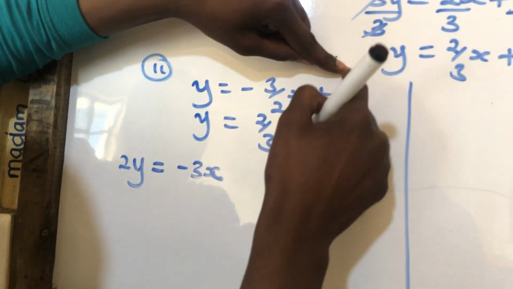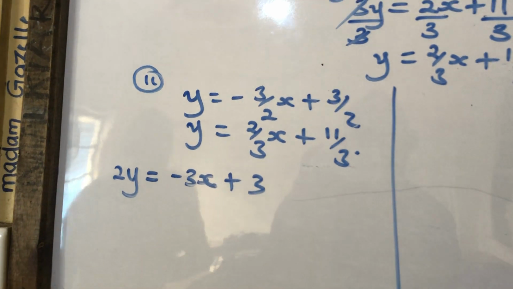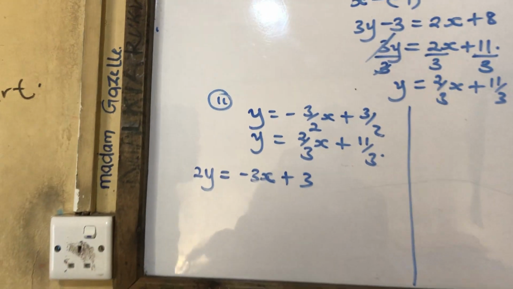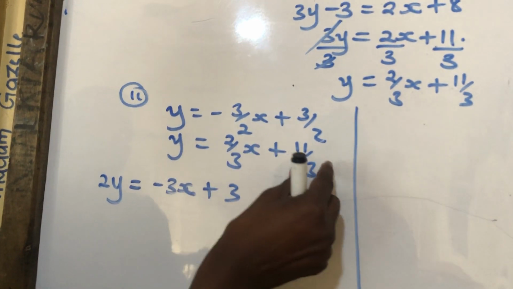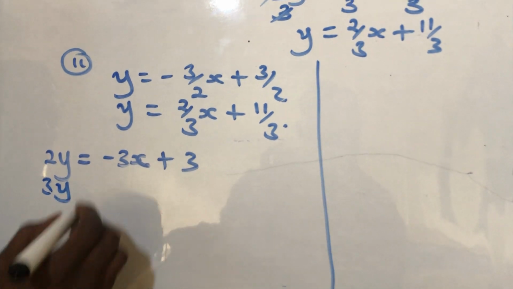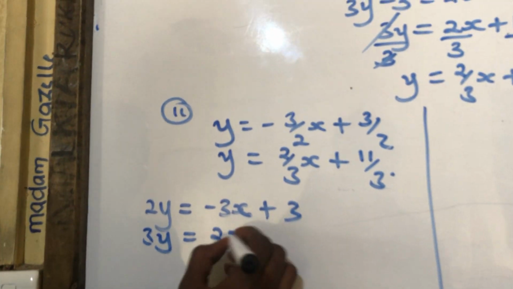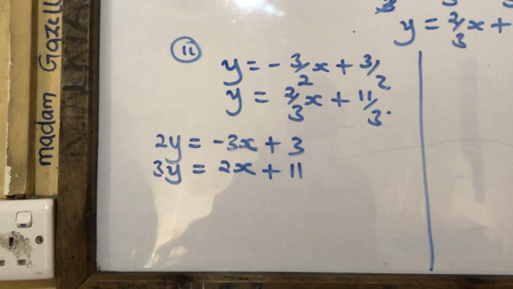If this is multiplied by 2, I'll remain with 3. As for the second equation, allow me to multiply this one by 3, by 3, by 3. By 3, that will give us 3y. By 3, I'll have 2x. And by 3, I will have 11.